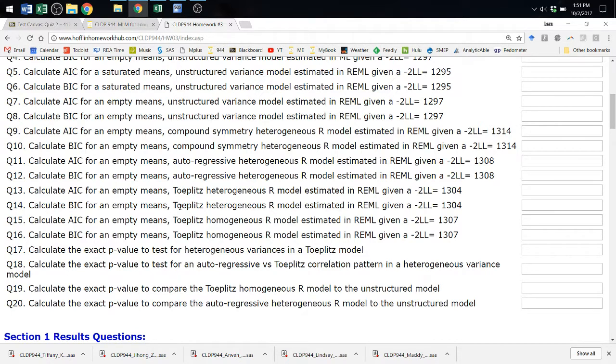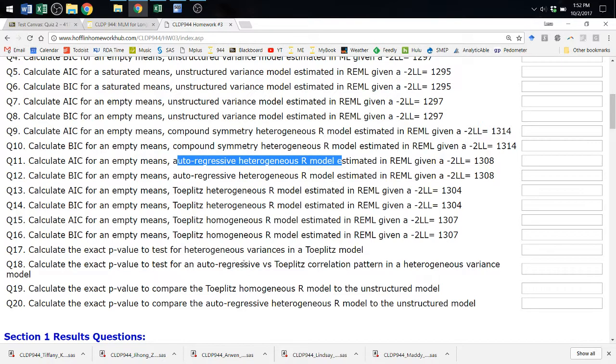So that would be the information from number 14 versus 11. So you should be using those log likelihoods and figuring out how many parameters different they are. Yes, and treating them both as heterogeneous.